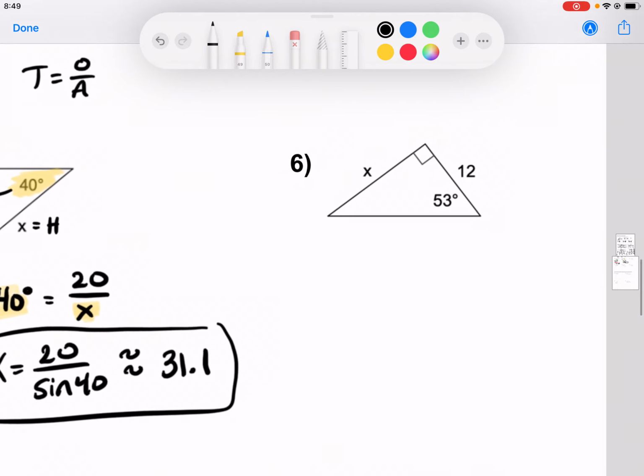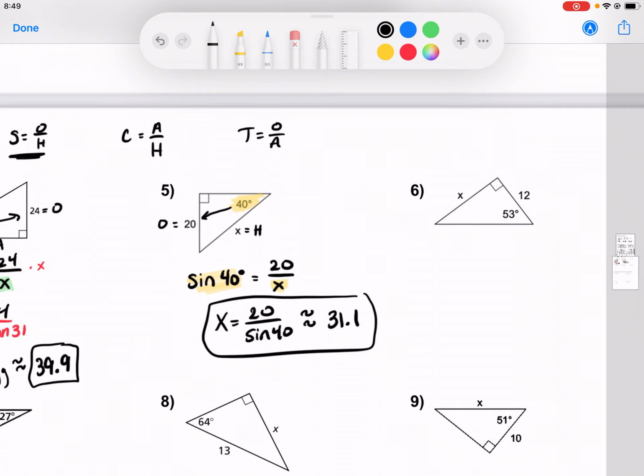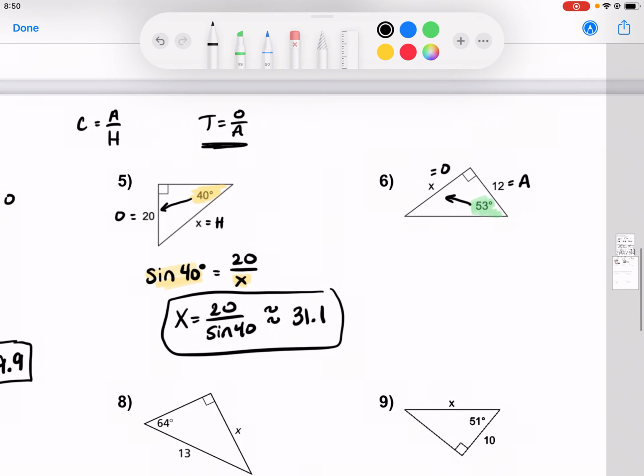Okay, let's see another one. Once again, we've got to figure out which relationship we're using. We've got 53 degrees right here, and that means x is our opposite side, and 12, because these are both legs, would be my adjacent side. So we're going to use tangent again. Tangent of 53 degrees equals our opposite over adjacent.